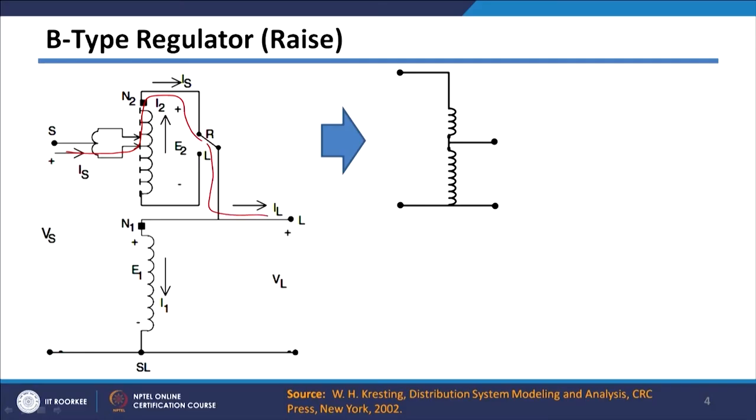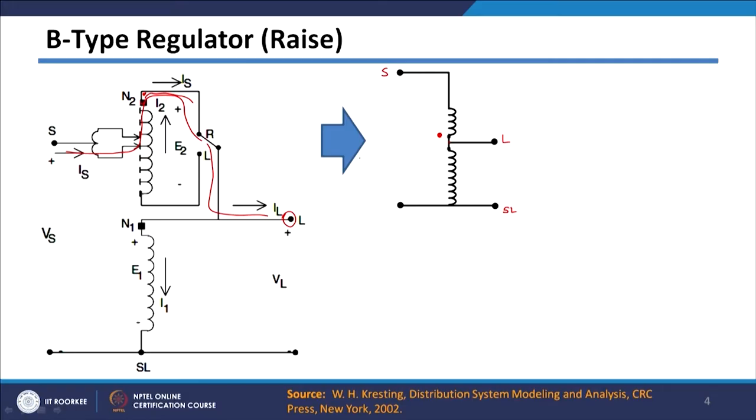In this case, if you see, this dot is towards the L point. This is L here, this is common SL, this is the source, and you can see that the dot is at the L point, because this connection is going to L. So this is nothing but the L terminal.